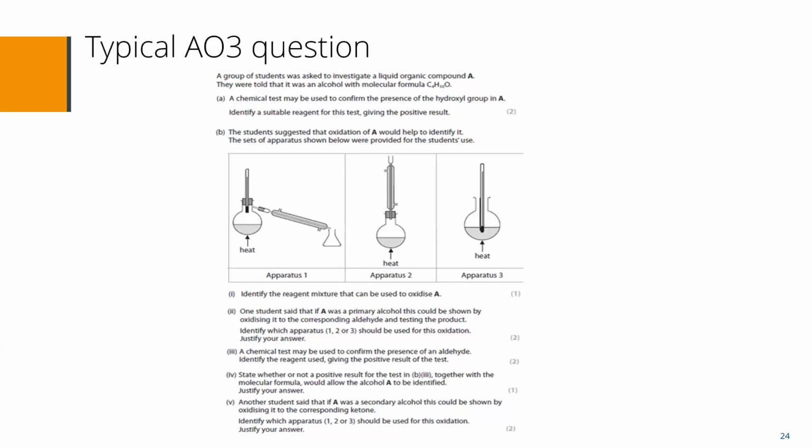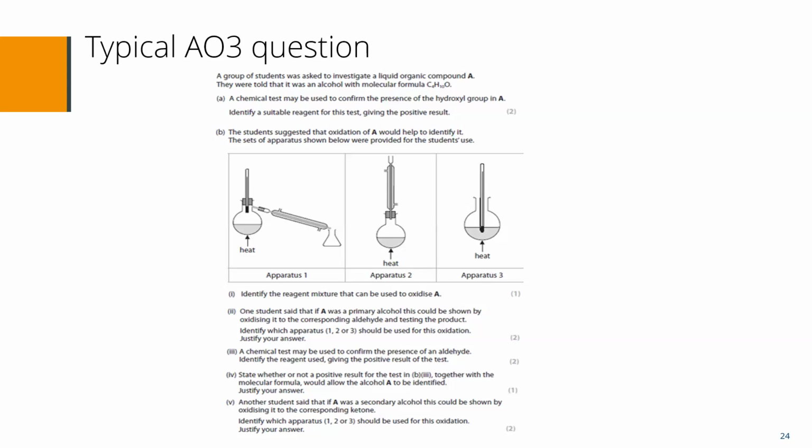I don't expect you to read through all of that. I think you can quickly see that that sort of question would be set on a Unit 3 paper because it's all about investigating an organic liquid that was an alcohol of formula C4H10O.